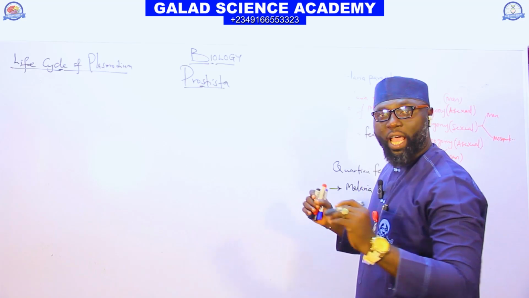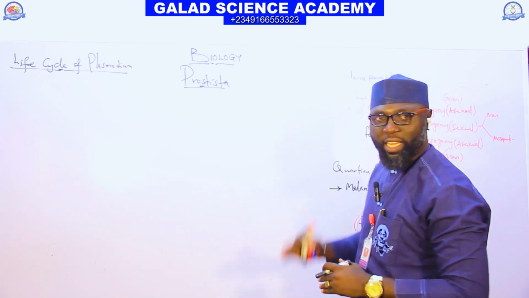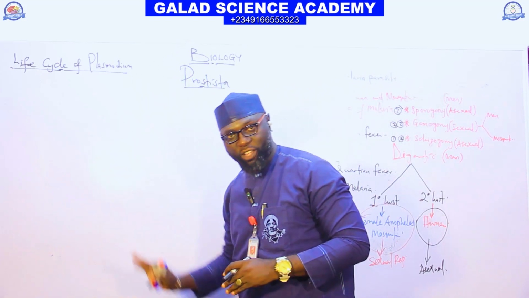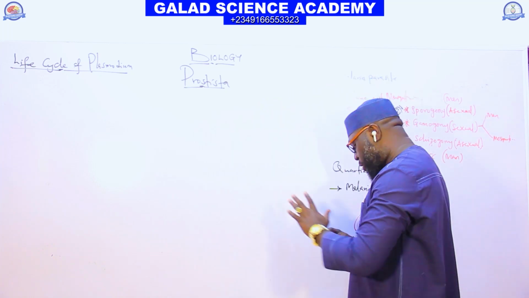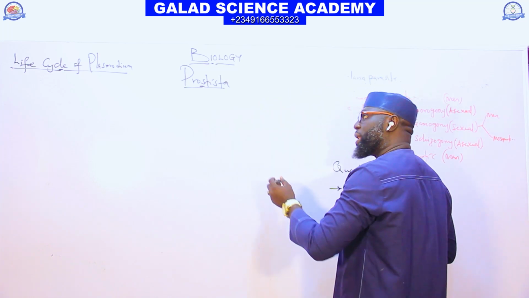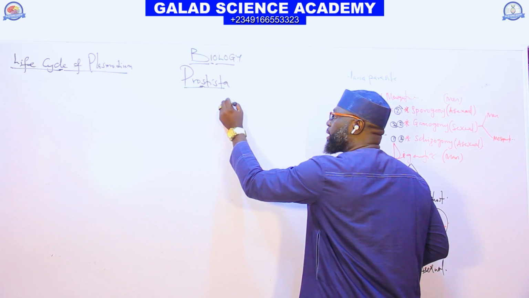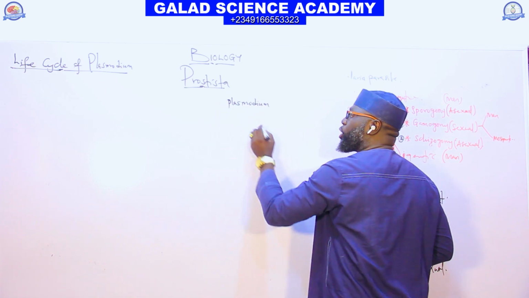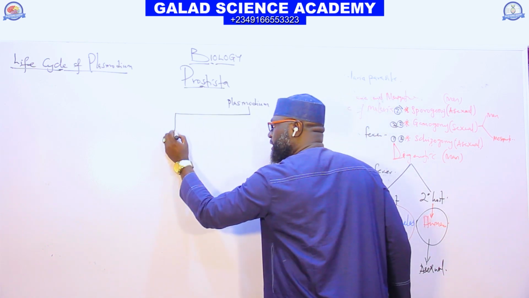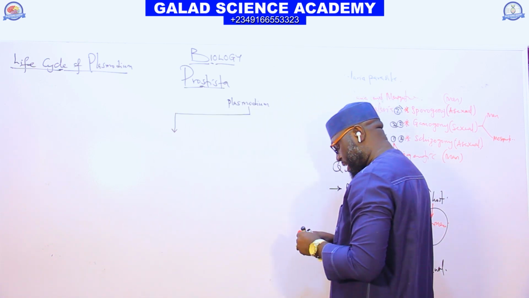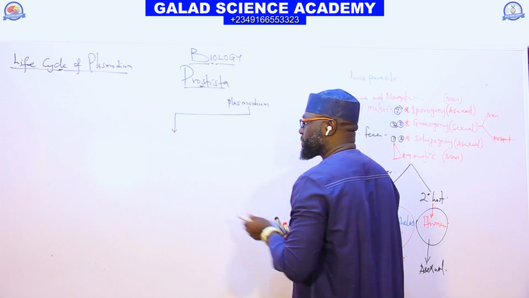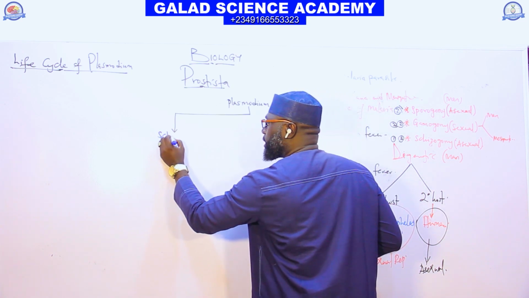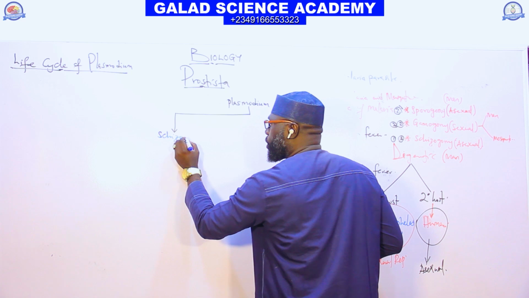Let me use a tree diagram to explain it before I draw the life cycle. The life cycle of Plasmodium is comprised of 3 stages. I said we have zygogony.